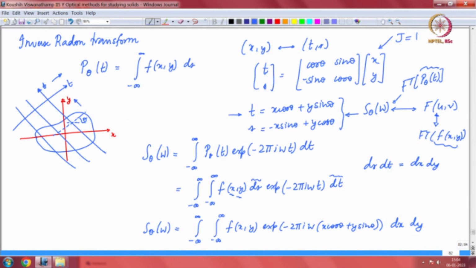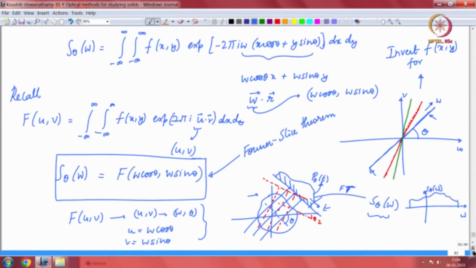So for instance, if you take the expression for S theta of w, you will see that there is this integral, basically the Fourier integral in the 1D t variable, and then p theta itself is of course also an integral, and so we use this to work out in the general case what we would need to relate S theta of w to F of u comma v.